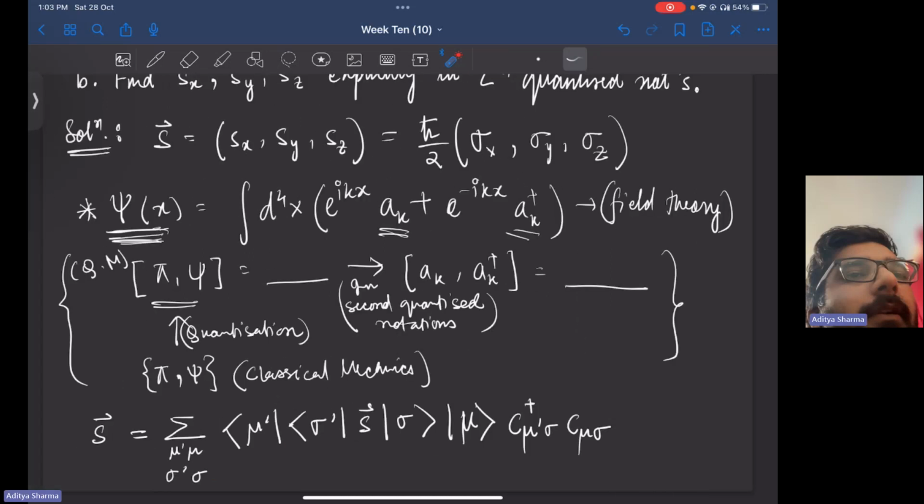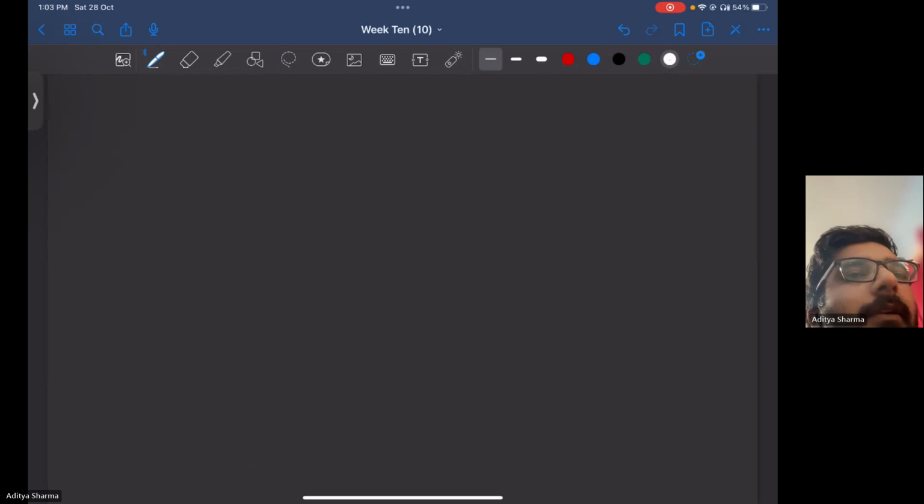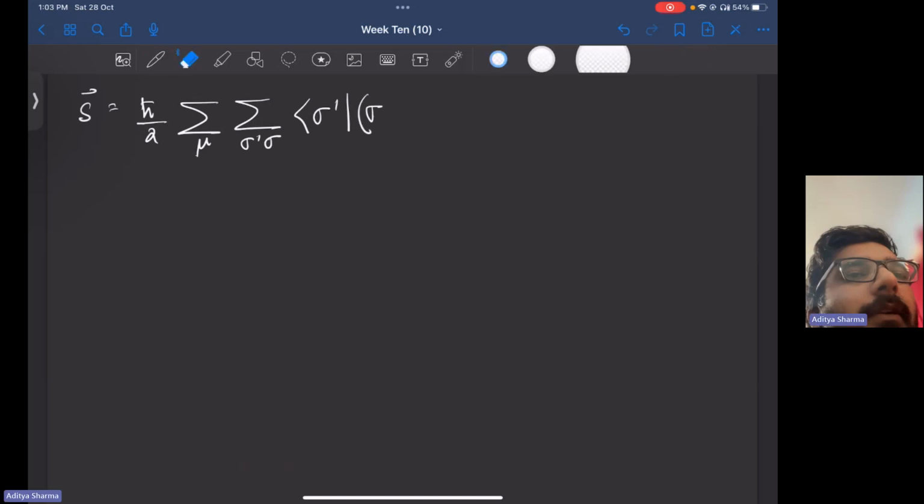And for mu and mu prime, which are the same, this can be written as S mu, and you have your S vector here. This is for the second question actually.